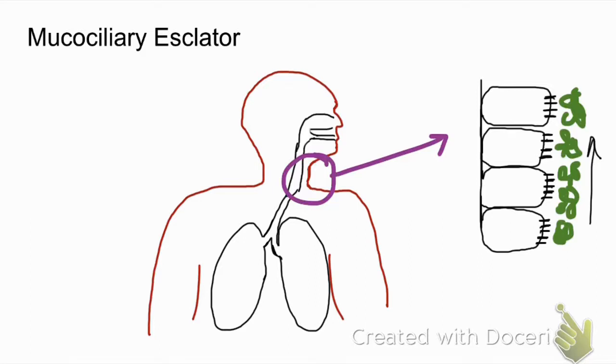We can also find diseases where these cilia do not beat, and so the mucus is not being moved up and out of the trachea as it should be by the cilia. It's important to note here, too, that mucus in its own right is a physical barrier. Because of its thick consistency, it traps microorganisms, preventing them from attaching or colonizing host cells.